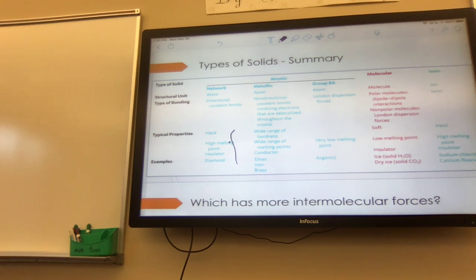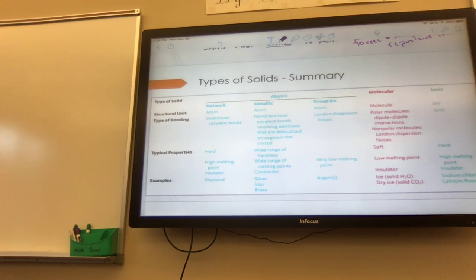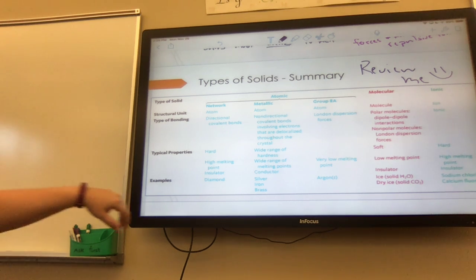Let's get back to chemistry. This is a nice little summary. Honestly, I just put this here for you to review. It's all crystalline solids, right? Got molecular and ionic off to the right, and then the three types of atomic. It tells you the type of bonding.